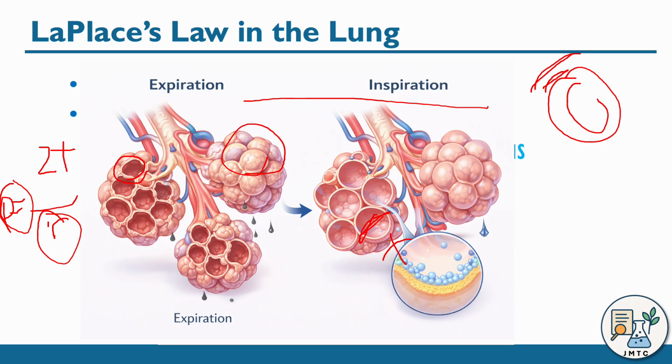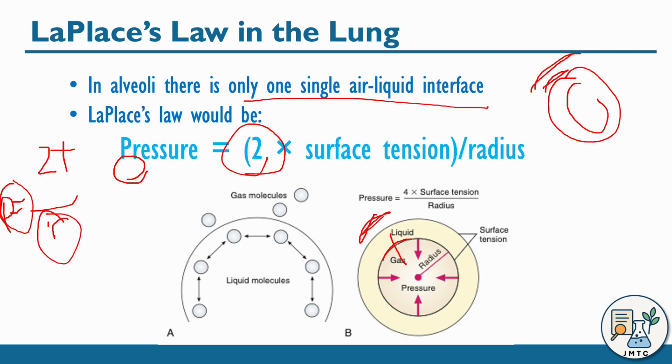Meaning, mas madaling mag-collapse yung ating alveolus. So, here makikita nyo, the surface tension is pulling inward. So, pressure required to keep it open mas stronger kapag mas maliit yung alveolus. That is what exactly happens in RDS.